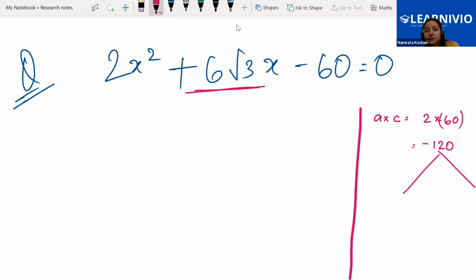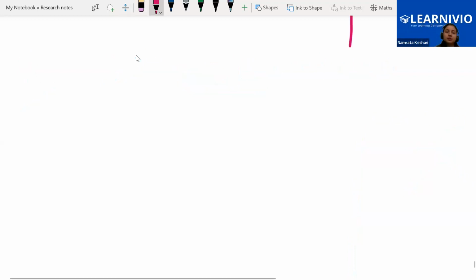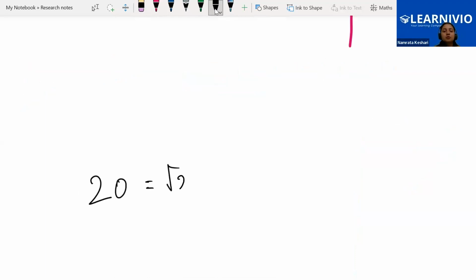Then what we will do? We will think like this. Suppose for example, let me give you few examples. Suppose we are having 20. Okay, and I am splitting it like this. Root 2 into what?